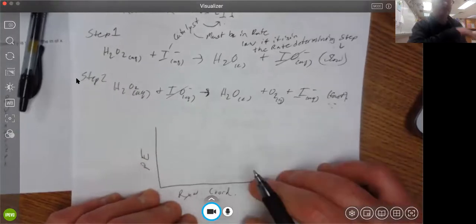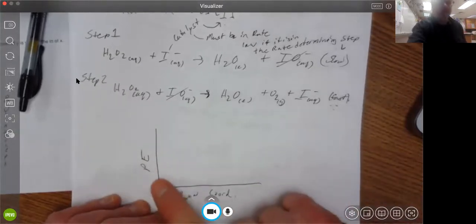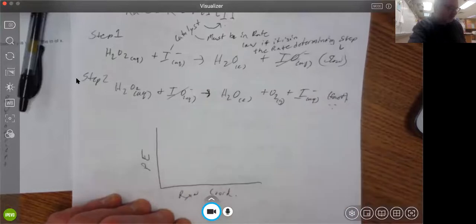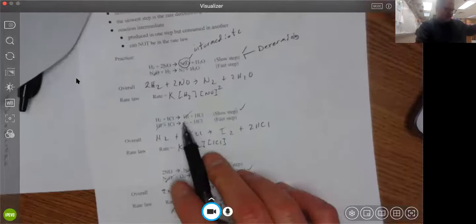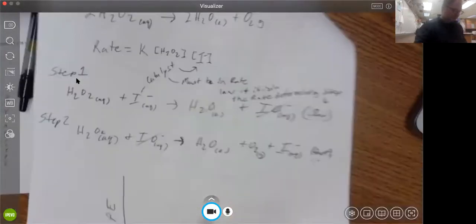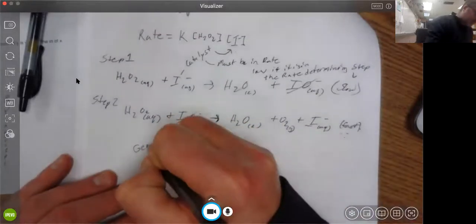If we were to look at that same old thing, with the catalyst and all that, and the fact that we have 2 steps, right? Or let's not even throw the catalyst in there yet. Let's go with something where we have 2 steps, like this right here. So I'm going to put generic there.